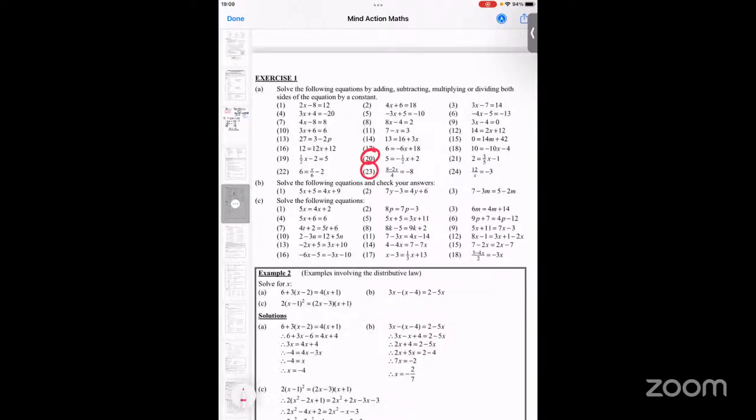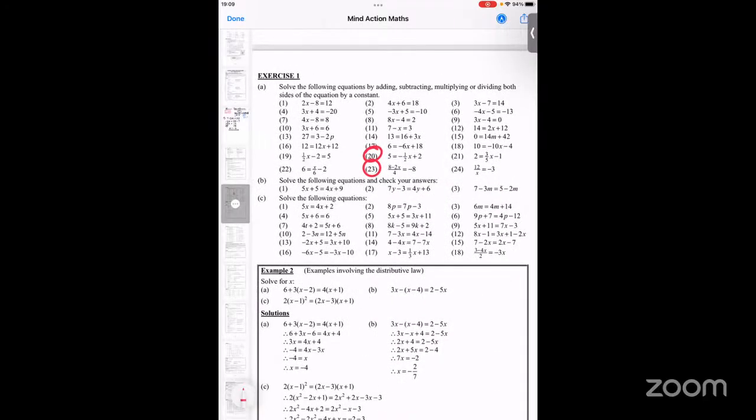Let me zoom in so that you can have a look. May you please do question C17? Yes, I was about to circle that one. I'm also going to circle that one, and then maybe that one.